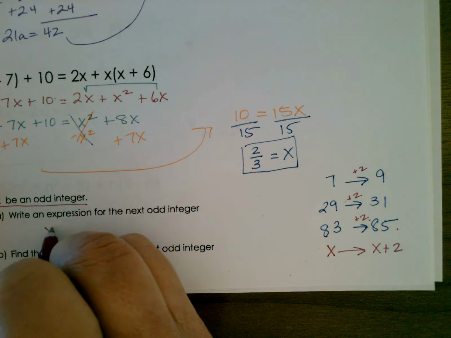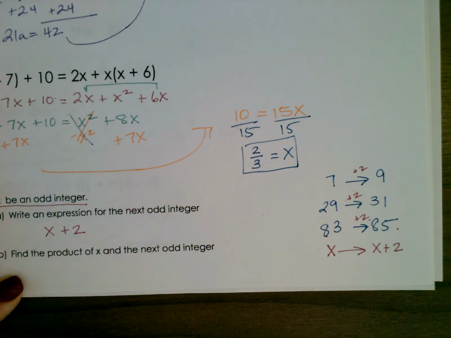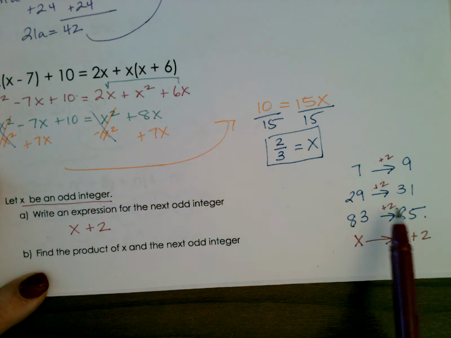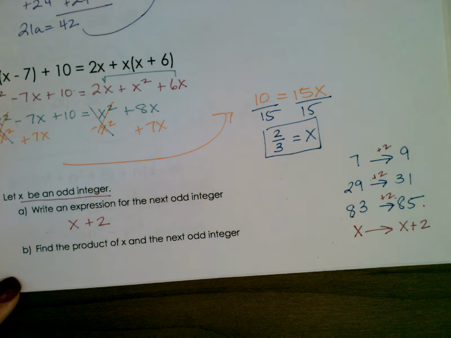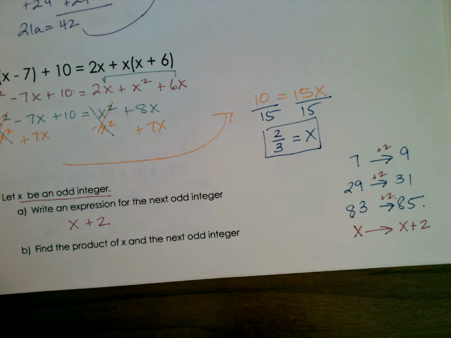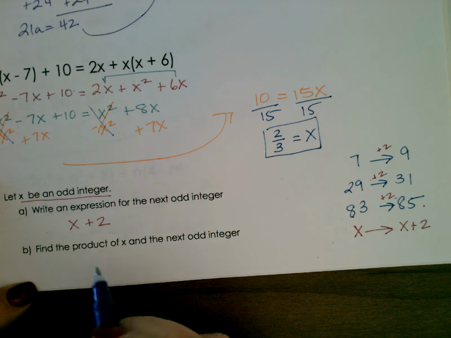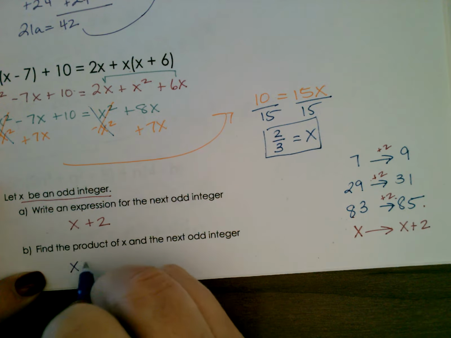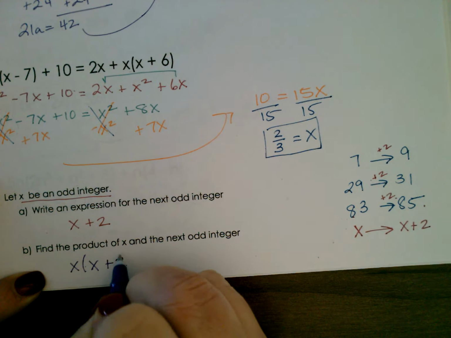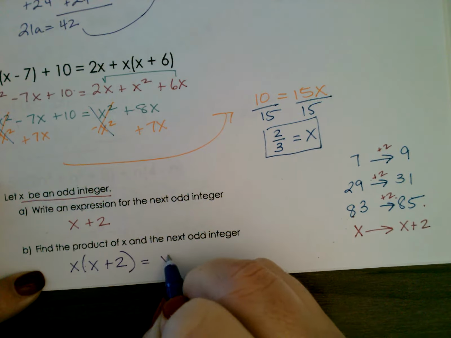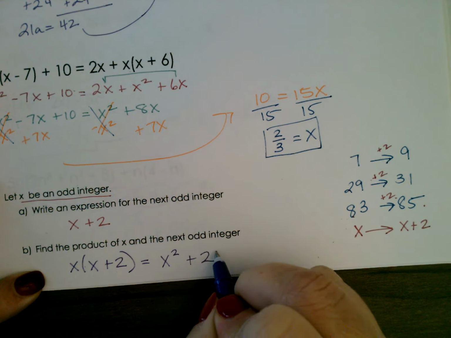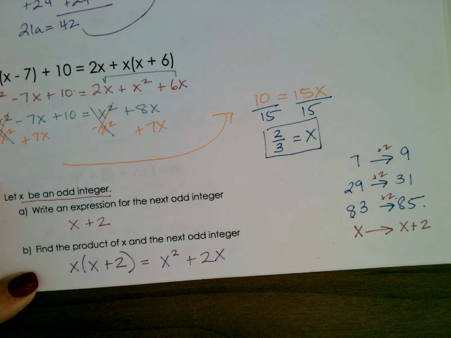So to get to the next odd, if x is your first odd, you would take the original number, add 2. Product. We talked about terms. Product means the solution to a multiplication problem. So find the product of x and the next odd integer. I would distribute: x squared plus 2x.